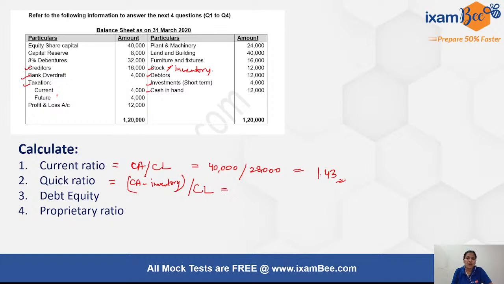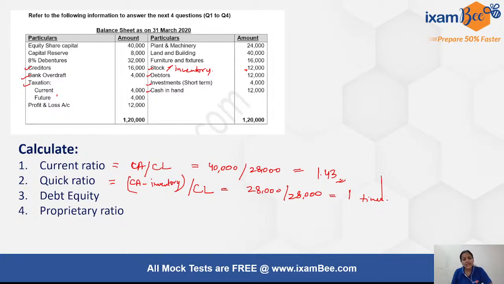So here from your 40,000 current assets, you reduce your stock of 12,000, or the other way is that you add debtors, investments and cash in hand and not the stock, right? So you will get 1:1, because this will be 28,000 divided by 28,000, which will give you 1 time. So your quick ratio was 1 time.